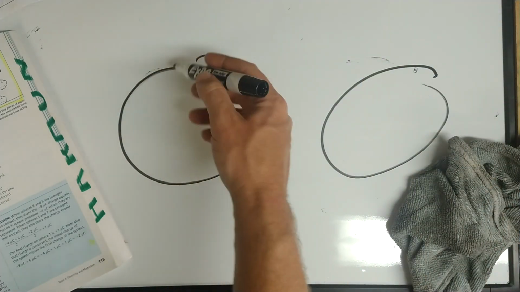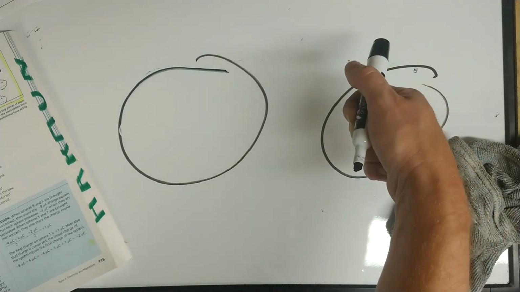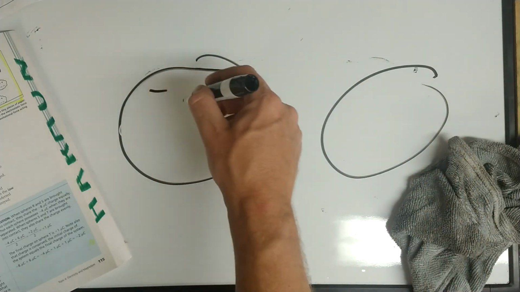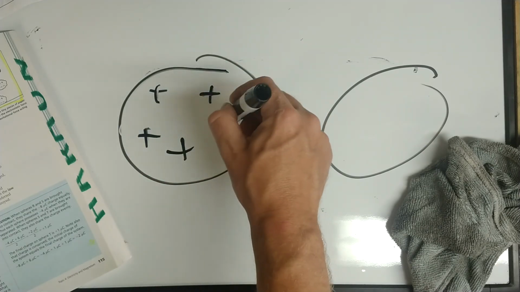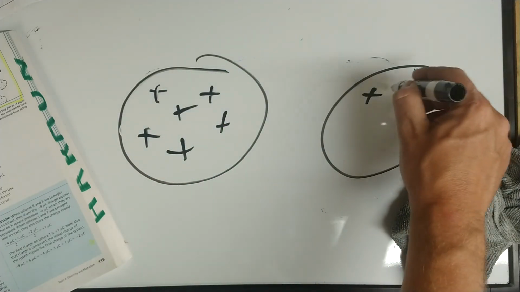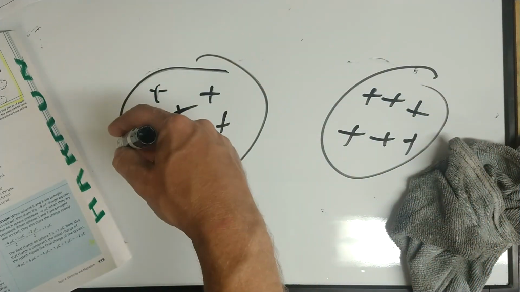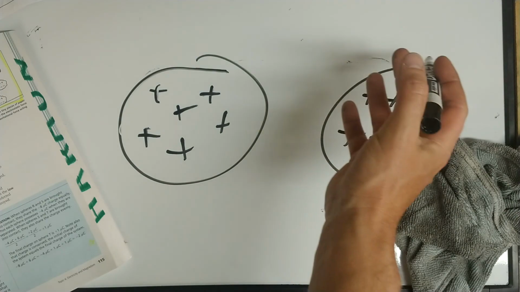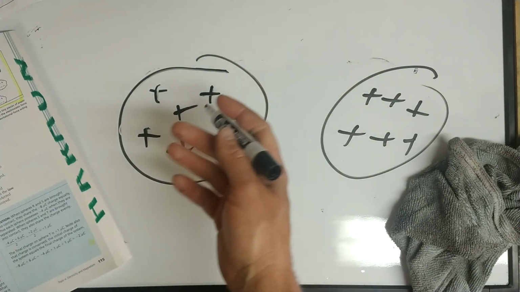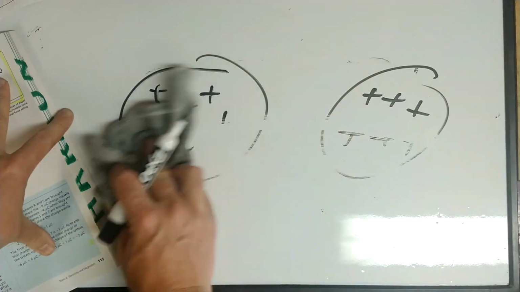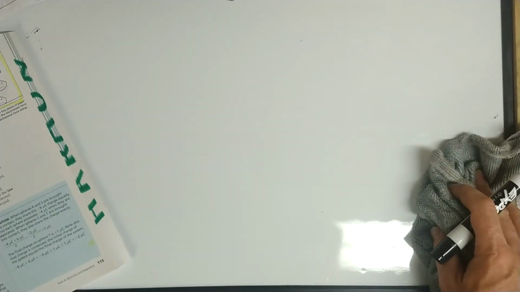So if there were 12 excess positive charges over here, 6 electrons are going to come over here, leaving this one with 6 over here. So if it was 12 to start off with in total, when you touch them and separate them, now they're both going to have 6. All right, so conductors, when you touch them together, they'll share the charge that is accumulated on one of them and split it, divide it up.